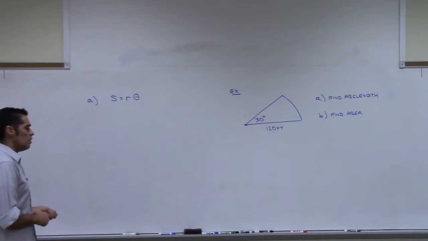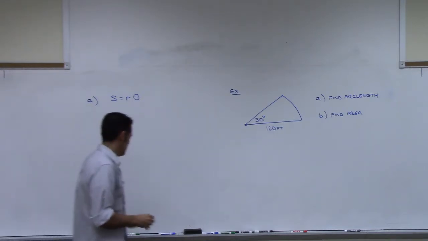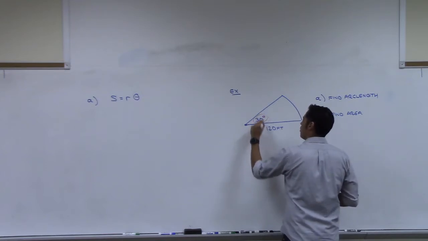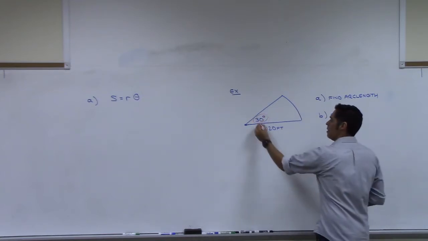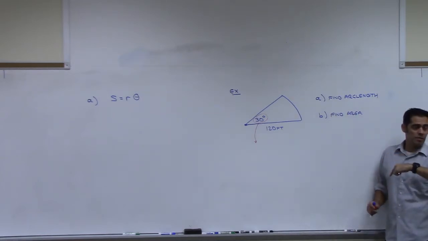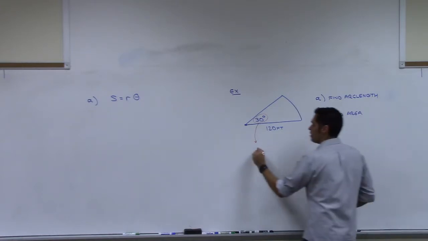So let's convert 30 degrees to radians. This one right here is one of your common angles, isn't it? 30 degrees on the circle that we just drew is also the same as what? Pi over 6. It's pi over 6.